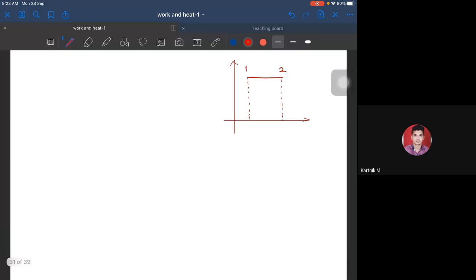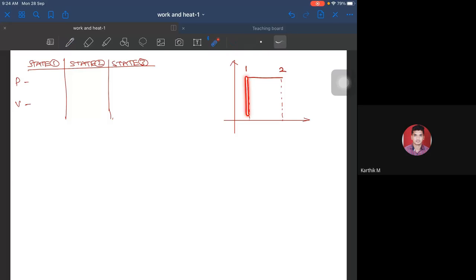So for state 1, state 2, and state 3. Now, pressures and volumes as of now. Volume at state 1: 0.03 meter cube.